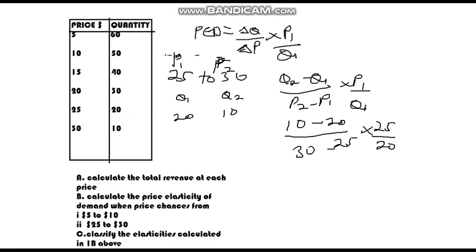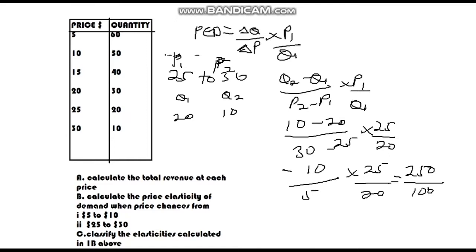So 10 minus 20 will give you negative 10, whereas 30 minus 25 is going to give you 5, times 25 divided by 20. Now 10 times 25 in mathematics is going to give you 250, all over 5 times 20, which is going to give you 100.